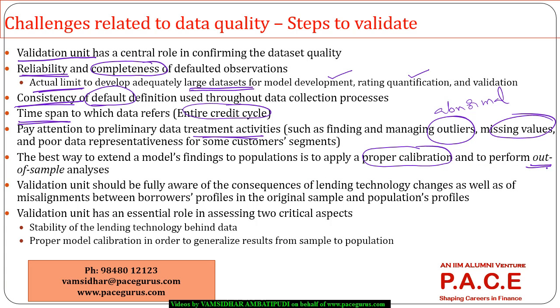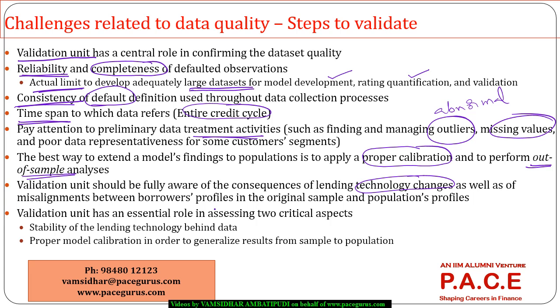And finally, with the model that I have built using in-sample data, how do I really test it using out of sample? How do I validate it using out of sample? What are the various technology related changes, especially with respect to lending processes? What are the misalignments between the borrower's profile when the lending was done versus today?